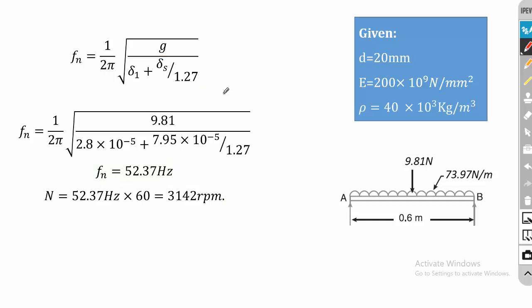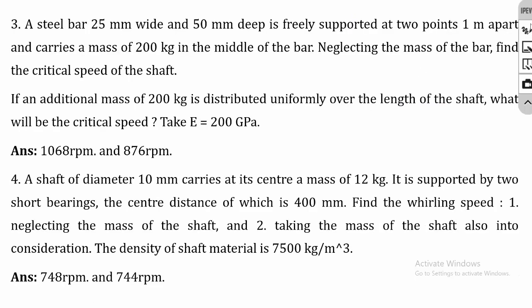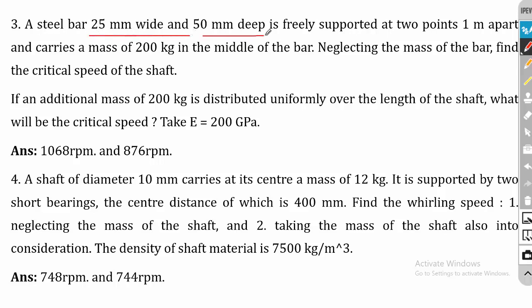Okay, so now I have discussed two problems on a simply supported beam with only a point load and a uniformly distributed load. Okay, so I have two tutorials. The first one is a steel bar 25 mm wide and 35 mm deep. Here it is not a simple circular cross section.